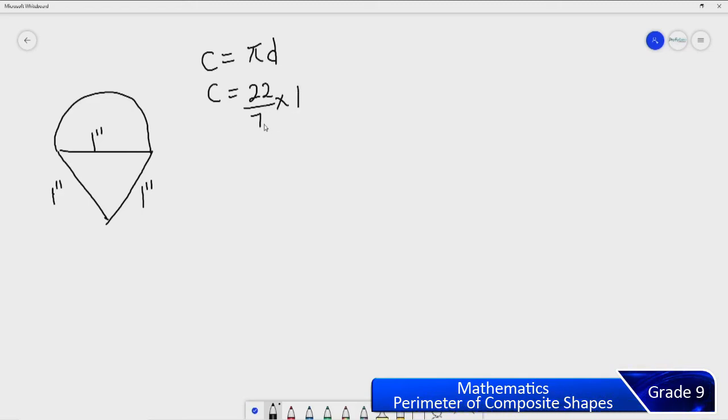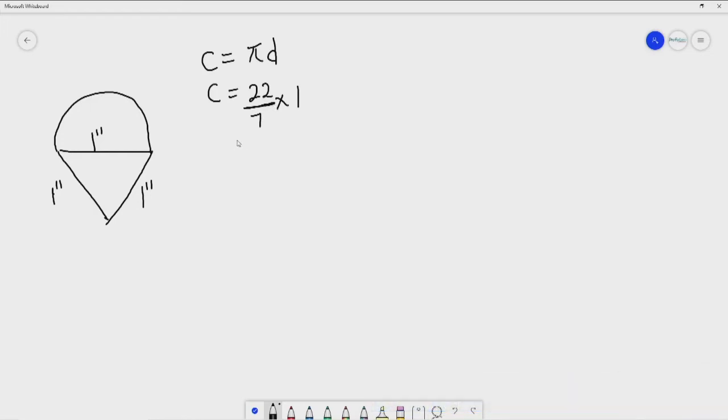And we know that when we multiply anything by 1, we will just get back the number itself. So in this case, 22 over 7 multiplied by 1 would give us 22 over 7.